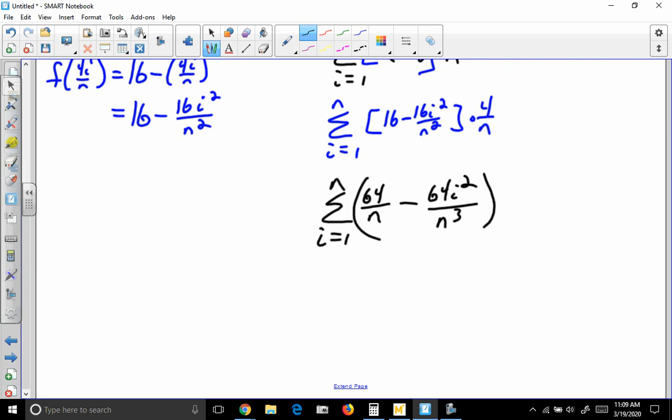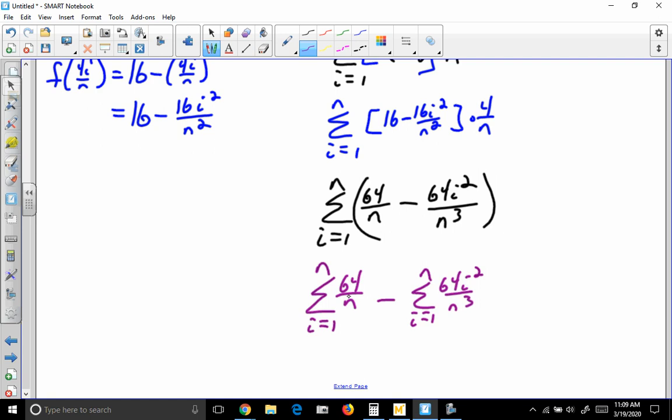So now we have formulas for evaluating these sums. We have two terms, so we break this up. The sum of 64 over n minus the sum of 64i squared over n cubed. Notice our variable for our summation is i.